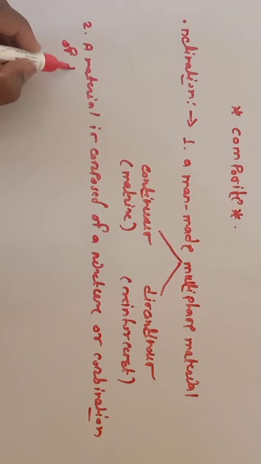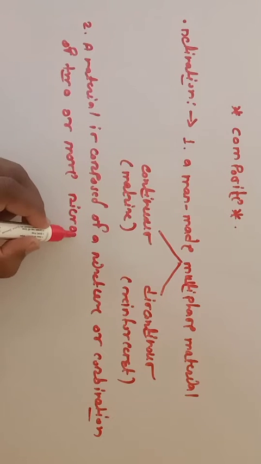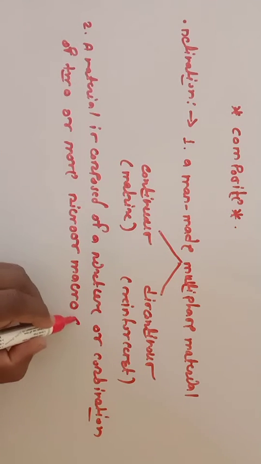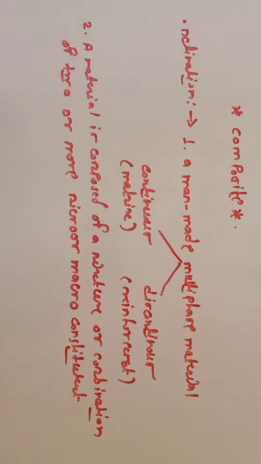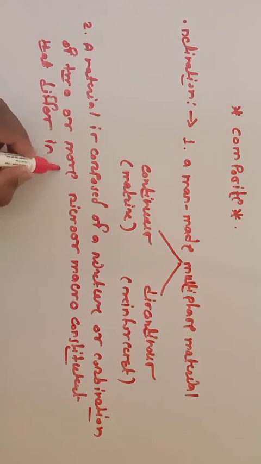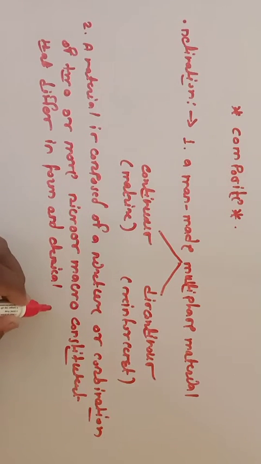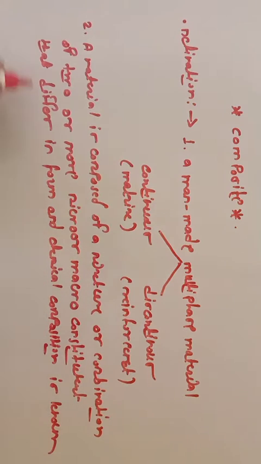A material is composed of a mixture or combination of two or more micro or macro constituents that differ in form and chemical composition is known as composites.